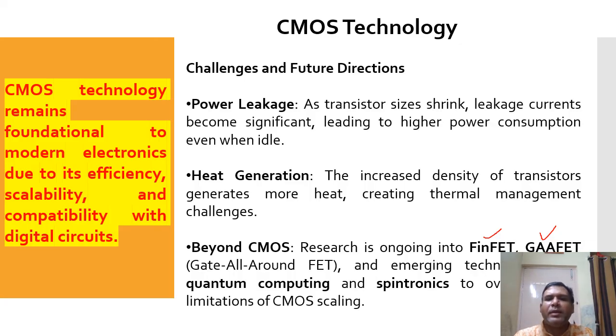After that, we can try to implement some new things, new devices, new areas of research we can explore. We can think beyond CMOS, but CMOS is like our daily food, like rice. It's our daily need. So basic fundamental of CMOS is very much important for all of you.